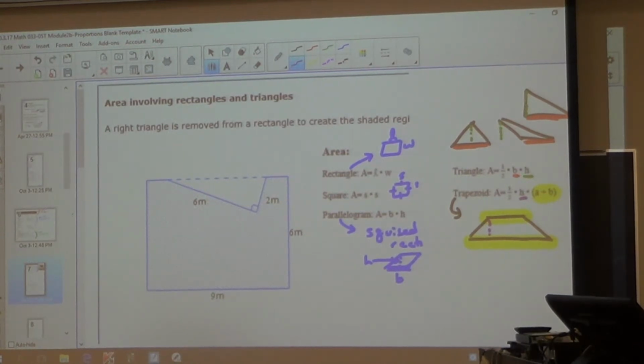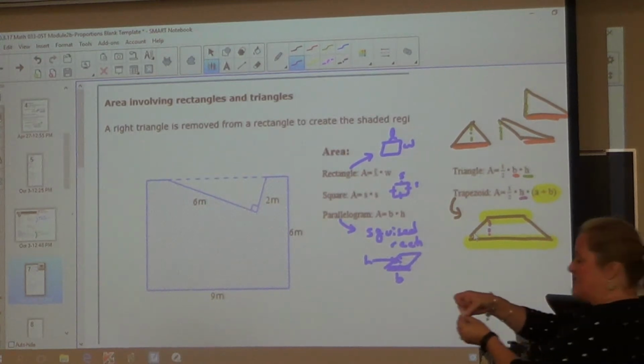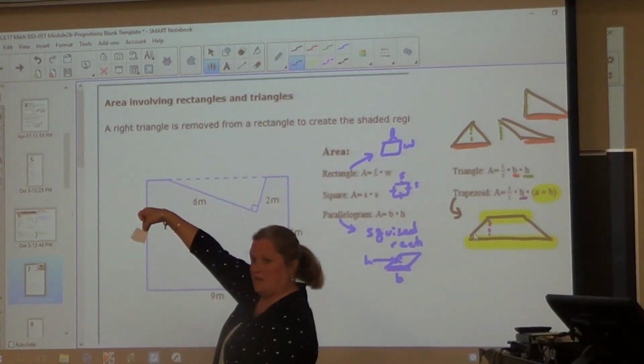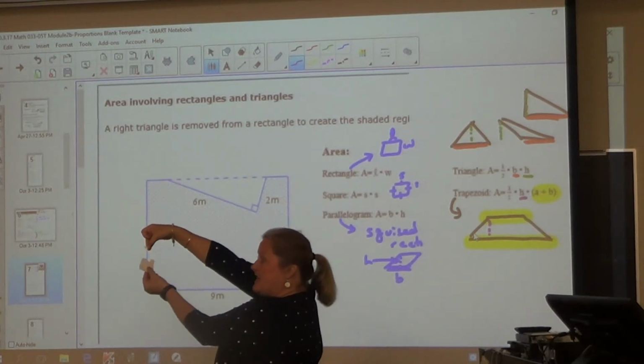Okay? So, if I want to know the area of this shape, I have to find, is it one of these shapes? So y'all, if you look at that, do you see some shapes? What do you see? Triangle. I see a triangle, and what else do I see? A rectangle or square. So, do y'all see that I have a rectangle and a square?